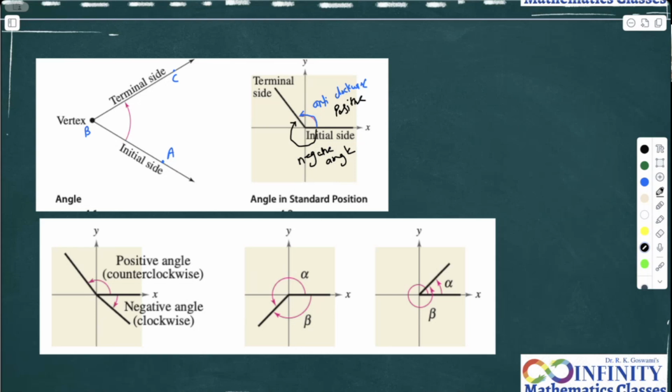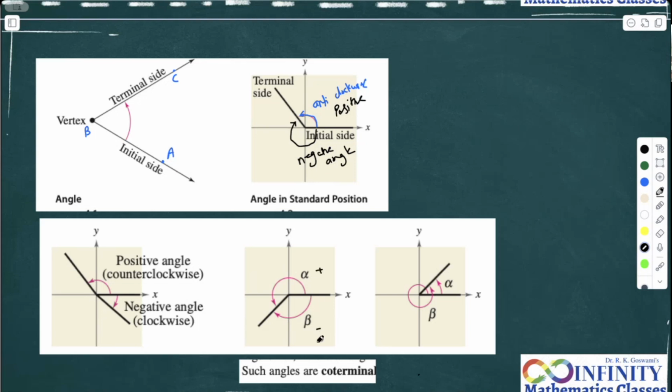There is a wording called co-terminal angles. Look at the statement, please. If you look at the figure there, it is clearly an observation. There is one initial line, there is one terminal line. You're measuring the angle anti-clockwise, clockwise. One is going to be a positive angle, one is going to be a negative angle.